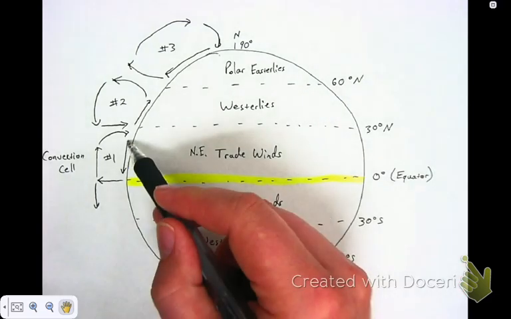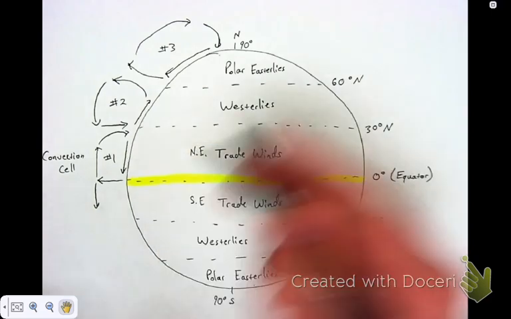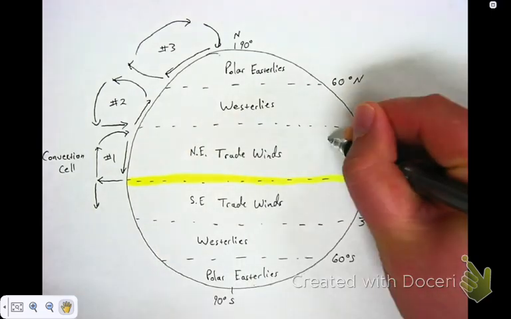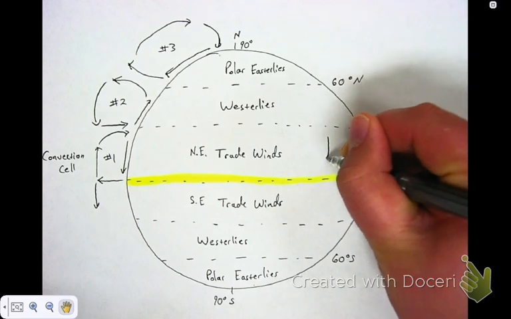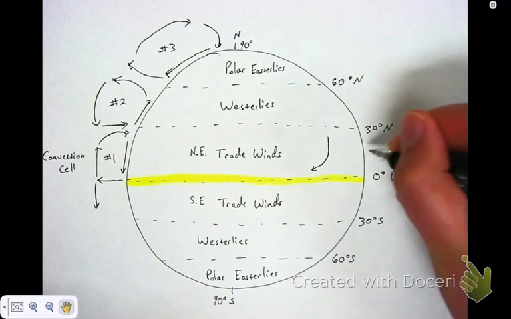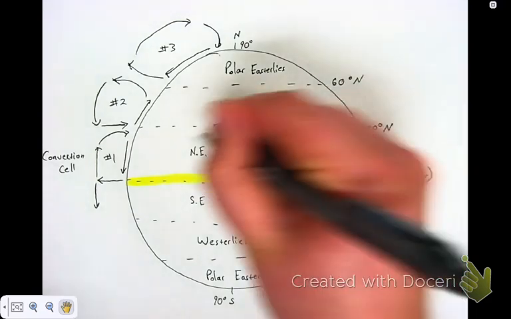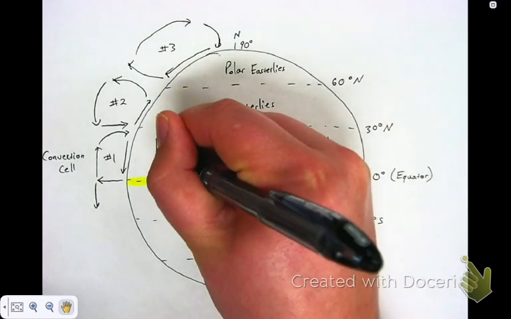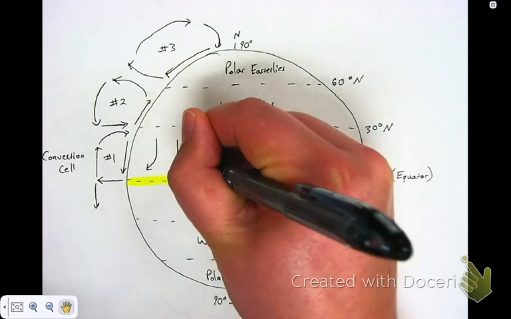So we see that this arrow is coming down here. So instead of me drawing the arrows coming straight down, remember it's curved to the right. So if we're doing it from the direction of the arrow, it's going to be curved like this. Okay, so all across this band in the northern hemisphere, the wind is being curved to the right because of the Coriolis effect.